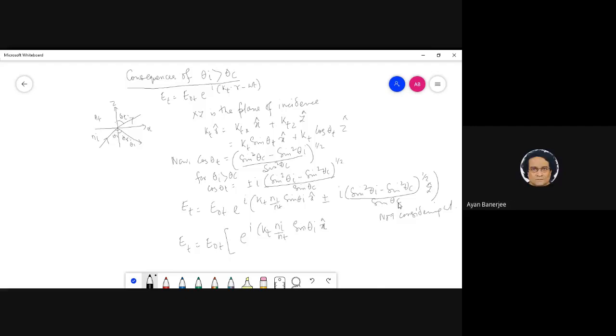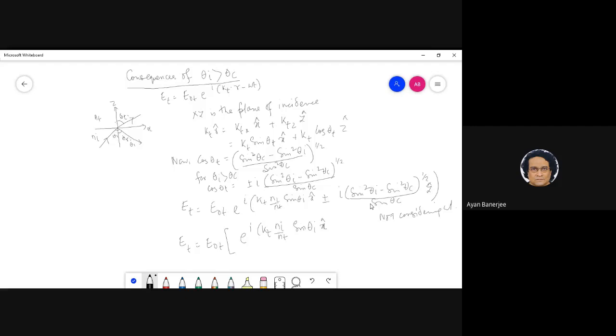You cannot have the negative sign because that essentially means a diverging function, which is going to violate conservation of energy. So that is not physically possible. So the math gives you two possibilities. Physics rules out one.